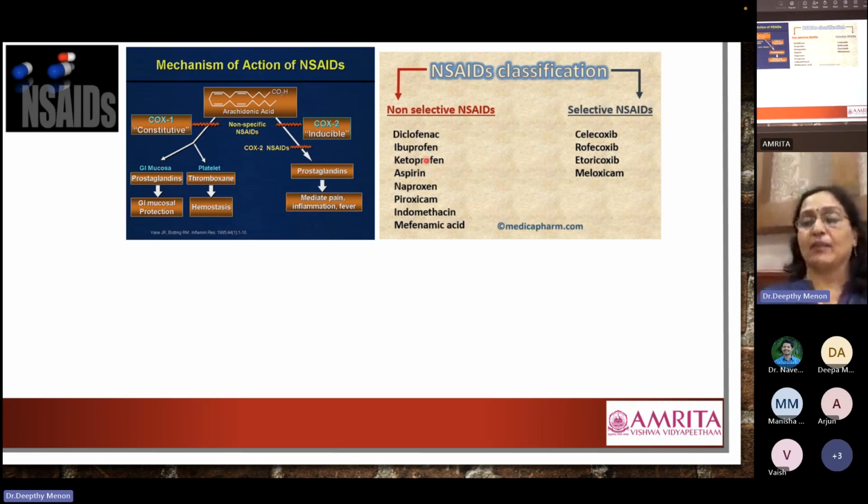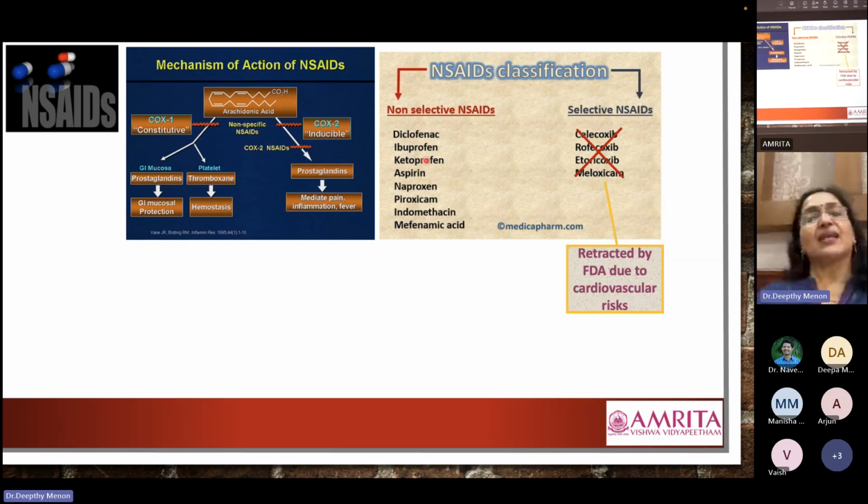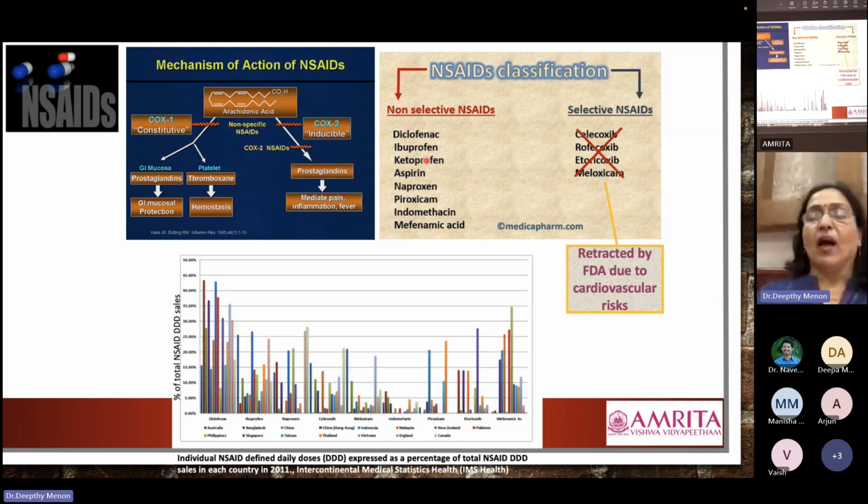All of you know that. I told you, selective NSAIDs might be better. But you see, one has been retracted by the FDA because it poses severe cardiovascular risk. So, amongst all these medicines, non-selective NSAIDs, diclofenac happens to be one of the most commonly prescribed drugs.